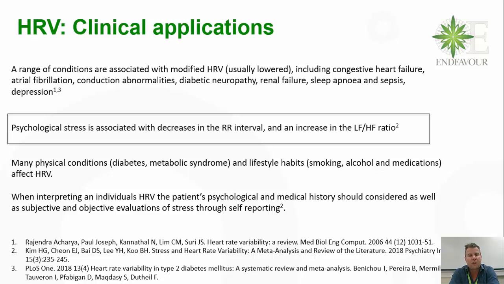So biomarkers shouldn't just be thought of in isolation to indicate stress. They may in fact be measuring many other things as well. For instance, you might be looking at someone with renal failure that has a low heart rate variability that's also contributing to the low HRV score because they also may be stressed as well. So it's very important that you don't look at these biomarkers in isolation.